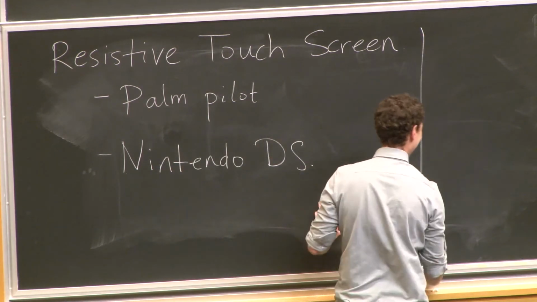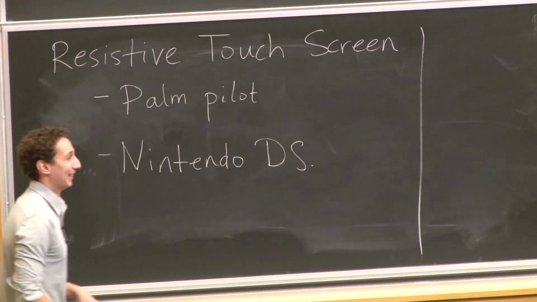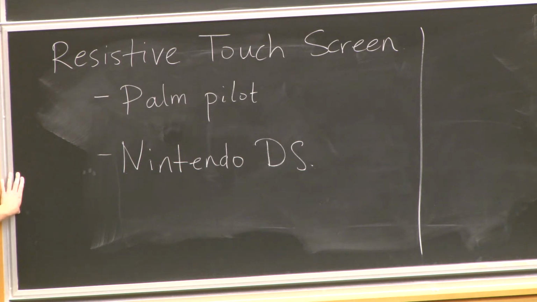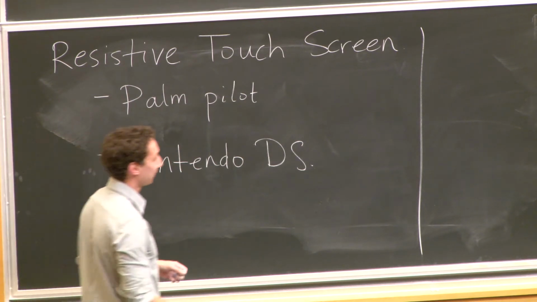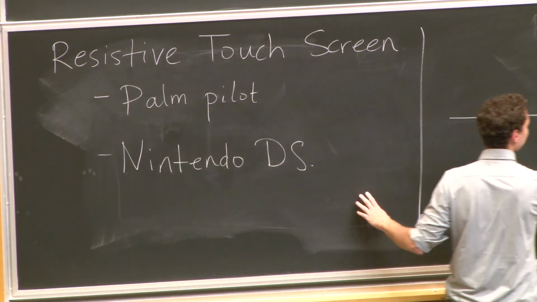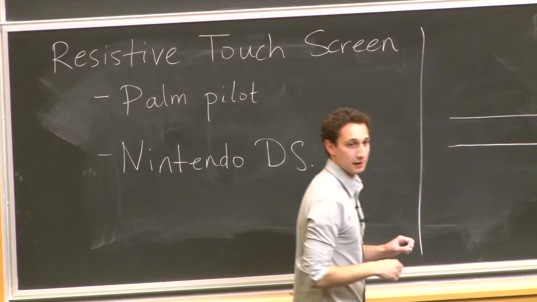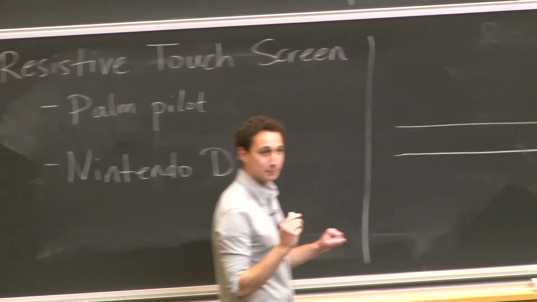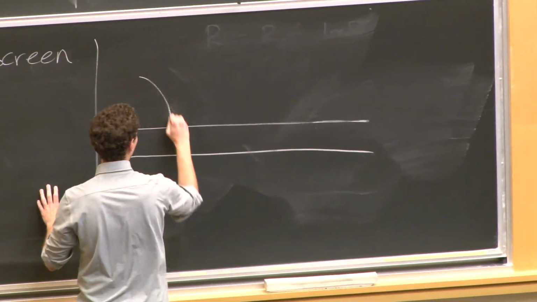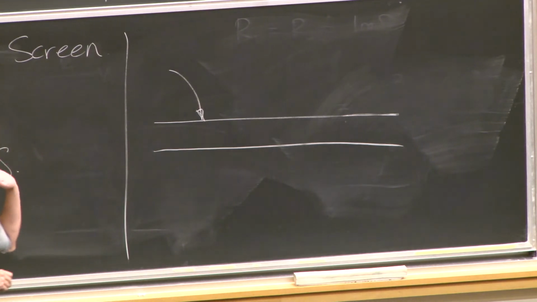So let's go through how this thing works, okay? The idea is, I have some surface, and I want to be able to detect specifically where I touch it. I want to know the position of where I touched this.